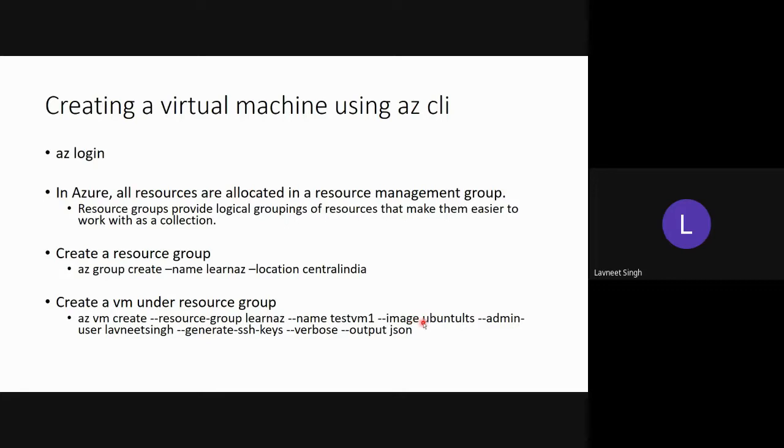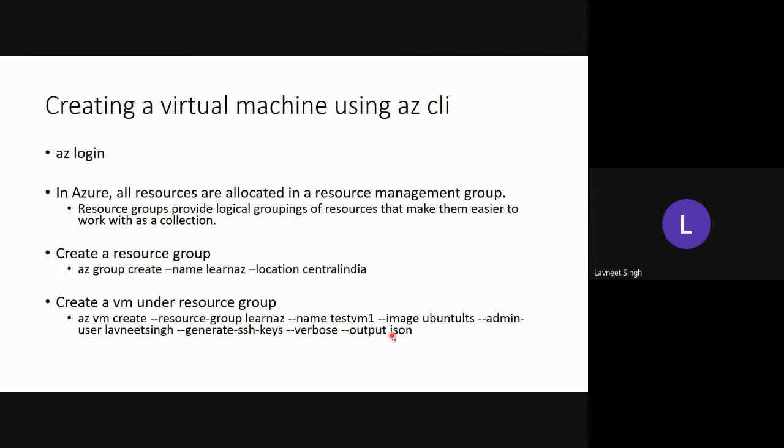Image is the OS image which will mount onto this virtual machine, so it will become the Ubuntu machine. Then the admin user is this, and then you can generate the SSH keys to connect, and then it will give you the output in JSON. It should be verbose about how it is creating, and then it will create the output in JSON.